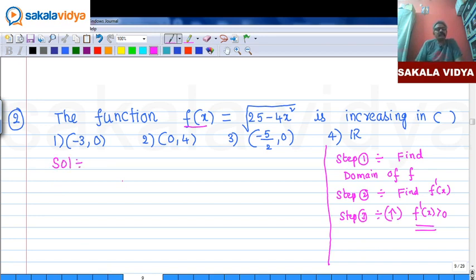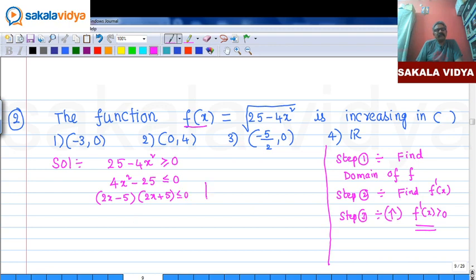Domain of this function means 25 minus 4x square should be greater than or equal to 0. So this we can write like this: 4x square minus 25 is less than or equal to 0. This product we can write 2x minus 5 into 2x plus 5 less than or equal to 0.